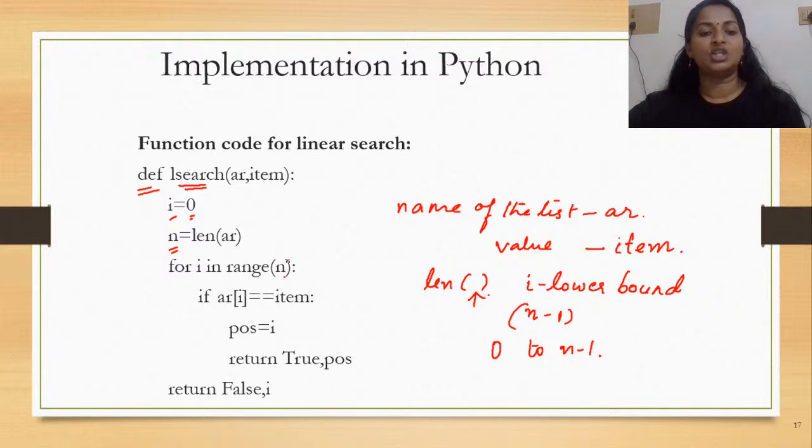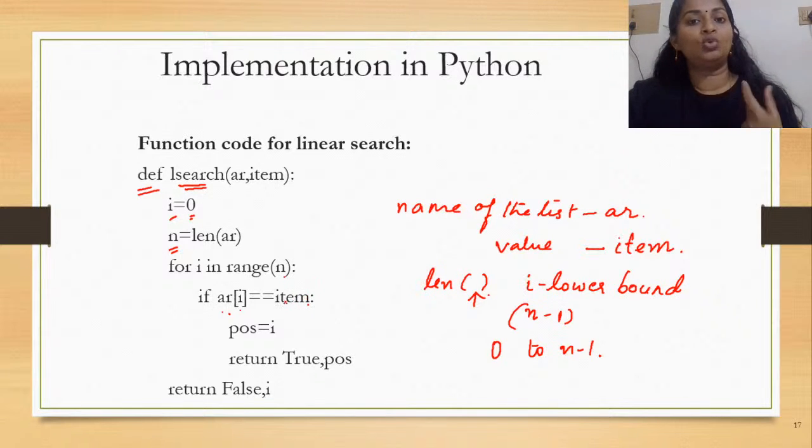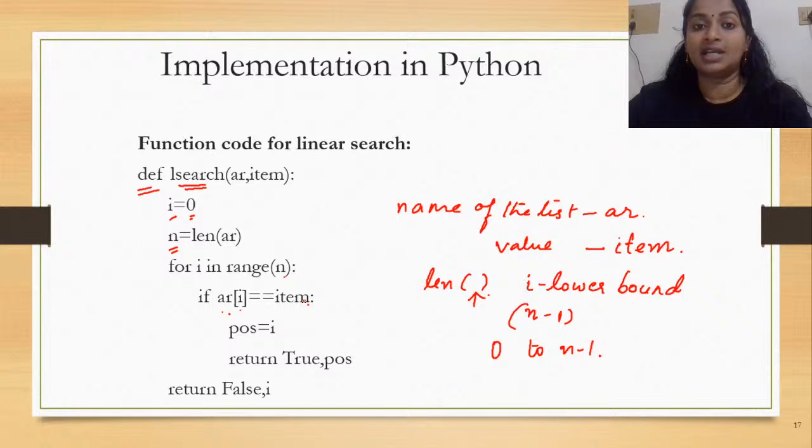So for i in the range of n, now what do I do? If AR of i is equal to item. Now what is this if conditional doing? This if conditional is checking whether the value at the ith position in the list AR and the value in item are both equal. So you're checking whether you can find the element inside the list. Now if you find it, you need to assign the value of the variable i.